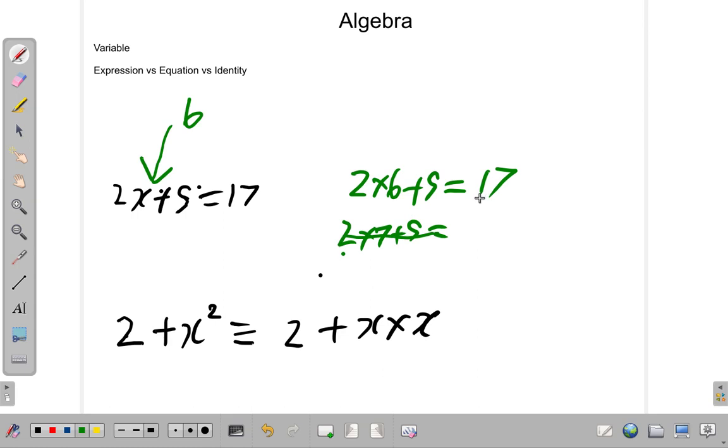If I try 5, 2 by 5 plus 5, is that 17? Remember, I'm saying 2 times x plus 5 is 17. I try 5 for x. 2 by 5 is 10, plus 5 is 15, not 17, so that wouldn't work either. I cannot use 5 and I cannot use 7. Seems as if the only number I can use is 6. Let's put in another equation before we go back to the identity.